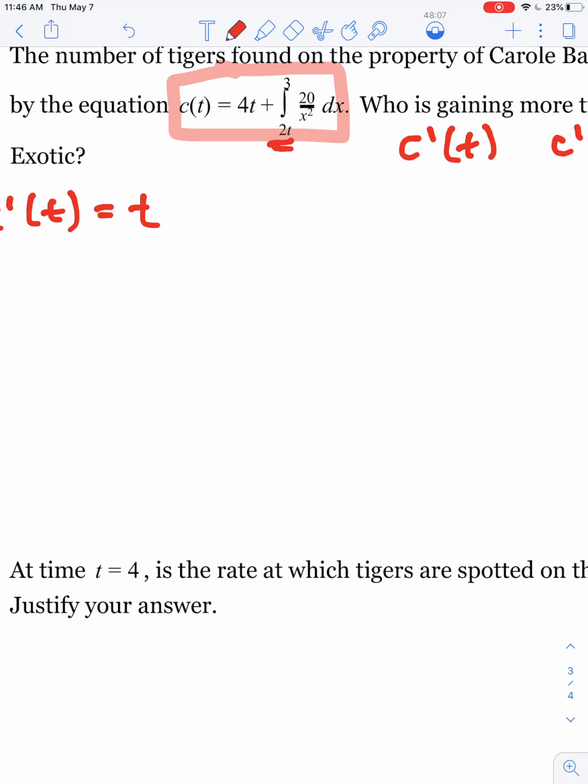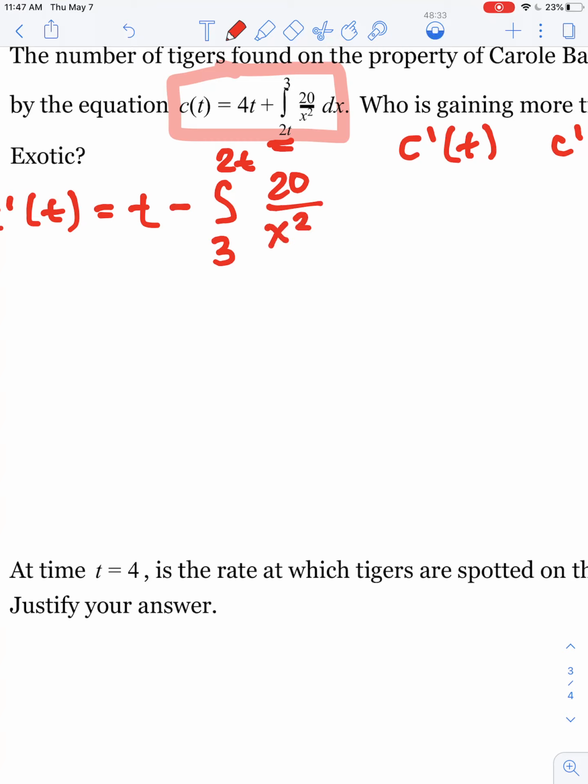So what I see is that my variable is in the lower bound, so I'm actually going to have to flip that. Flipping my bounds is going to change my sign. Okay, so we would write that as minus the integral from 3 to 2t of 20 over x squared.